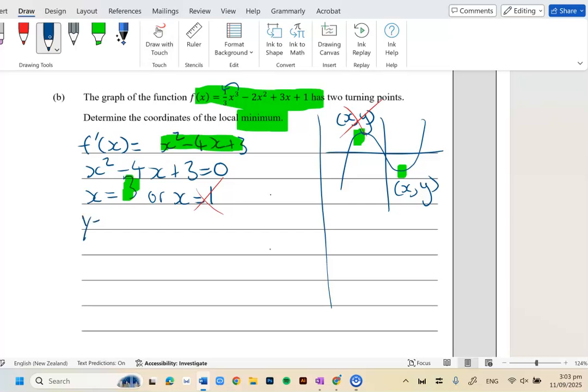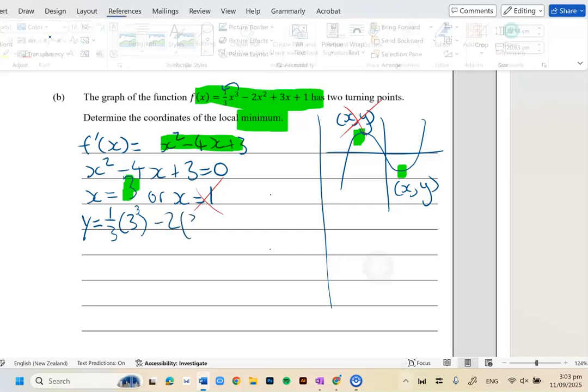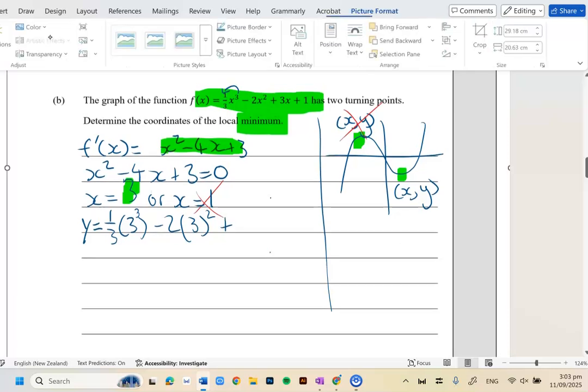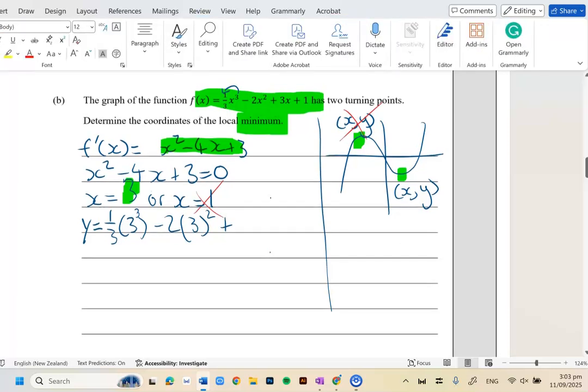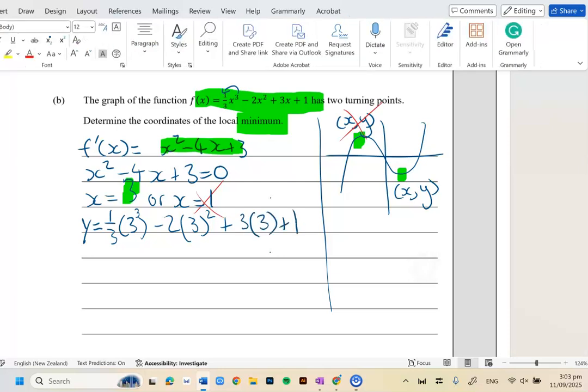So we can just write y equals 1/3 times 3 cubed minus 2 times 3 squared plus 3, and then plus 1.